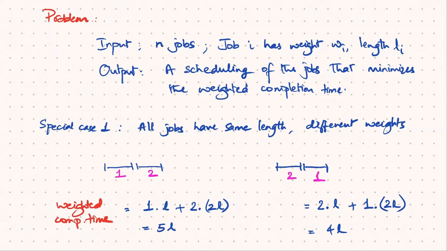You can extend this to any number of jobs, and you will see that if the jobs have the same length, then you can simply arrange them in non-increasing order of priority, schedule them in that order, and that gives you the lowest weighted completion time.